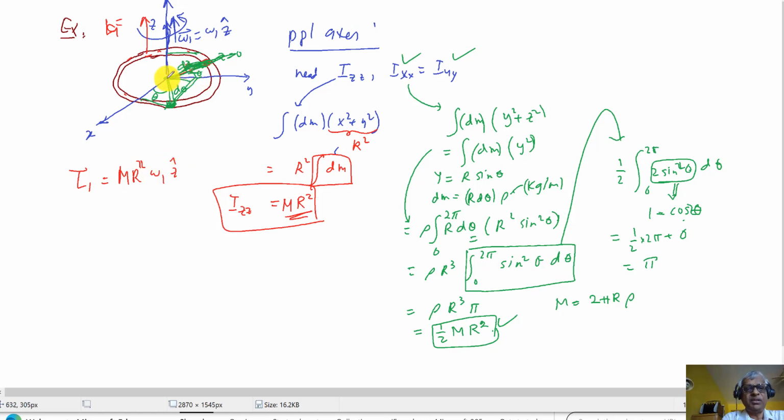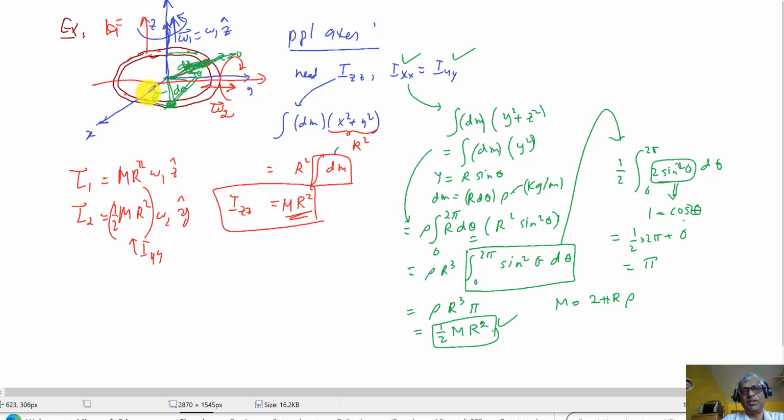If I rotate about the y-axis, I'm going to rotate with an omega 2 vector. So L2 will be I_y omega 2 y hat.